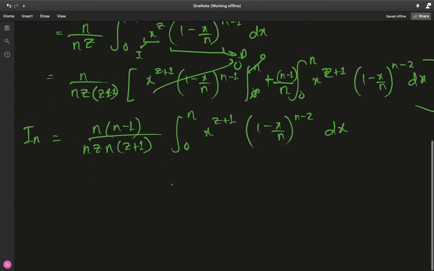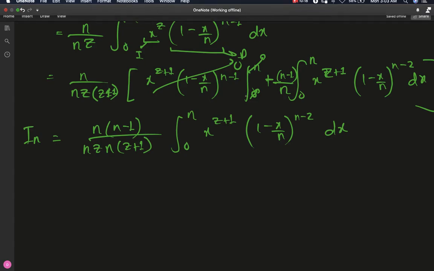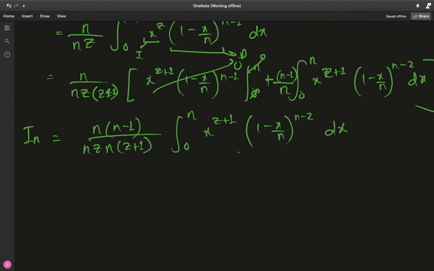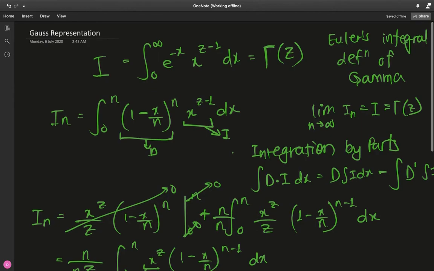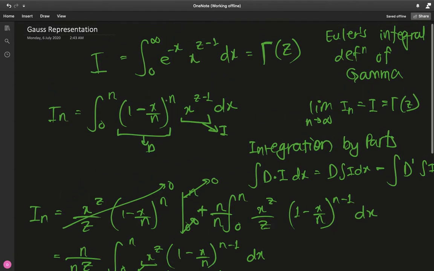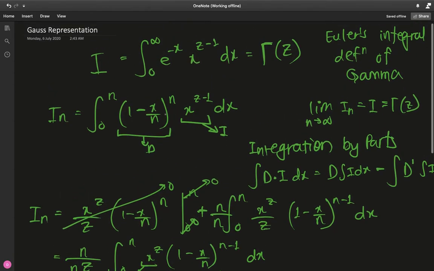Since we are keeping on doing this integration by parts procedure again and again, because as I said at the start, we need to get rid of this weird exponential term that we had over here. So we need to get rid of it.